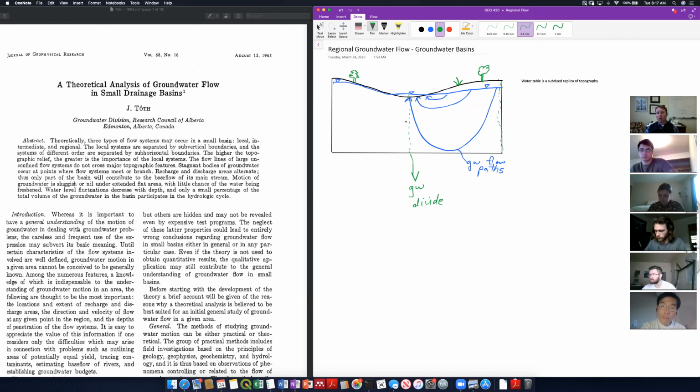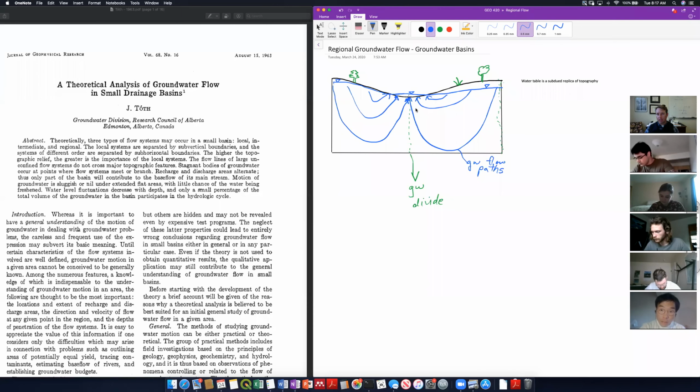The reason why there's one under the stream is that on the other side of this divide, the flow paths are coming from the other direction. All right, and we know from our flow nets that flow paths don't cross, right? So these are our groundwater divides. One of the first interesting take homes here is that there's a groundwater divide underneath a stream in general.